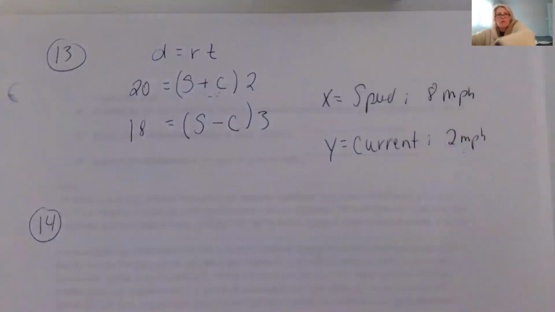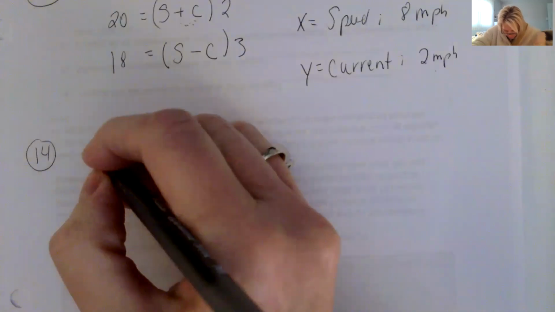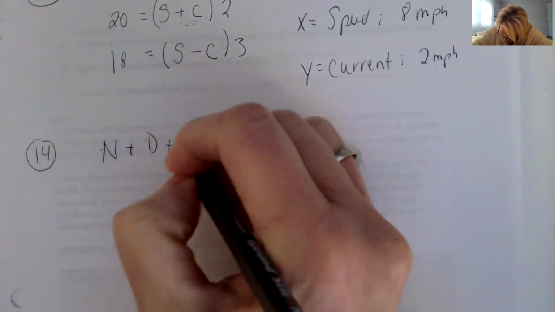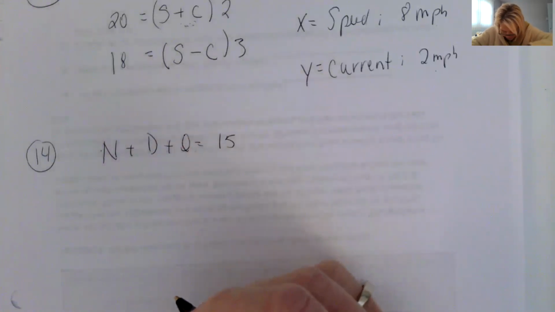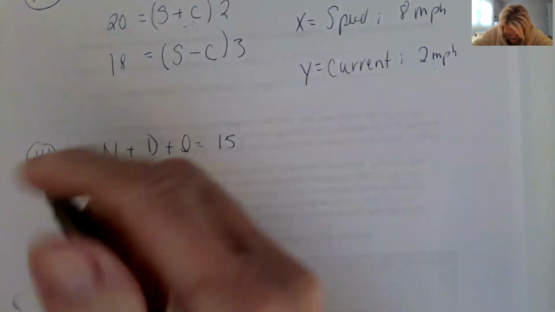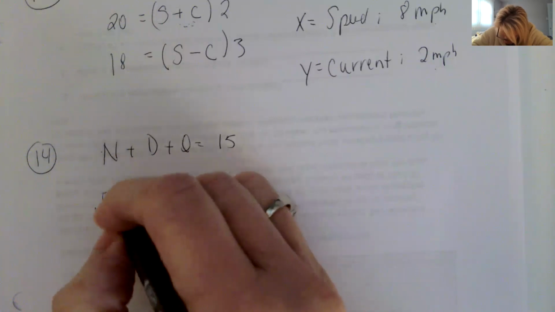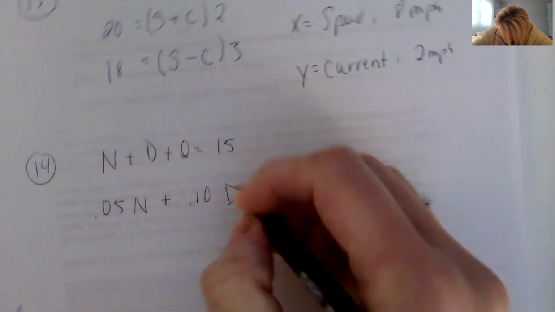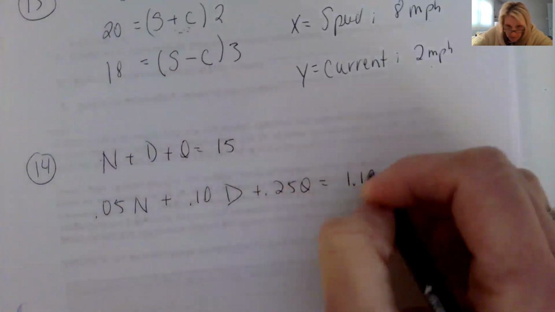Okay, so let's write down what we know. We know that nickels plus dimes plus quarters equals 15 of them, right? And we also know that 5 cents times the nickels plus 10 cents times the dimes plus 25 cents times the quarters equals $1.10.